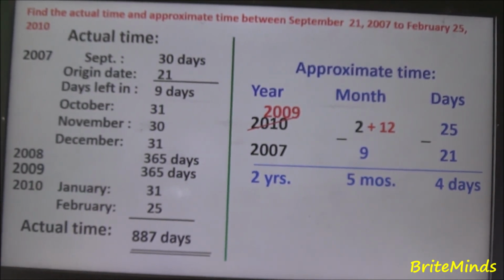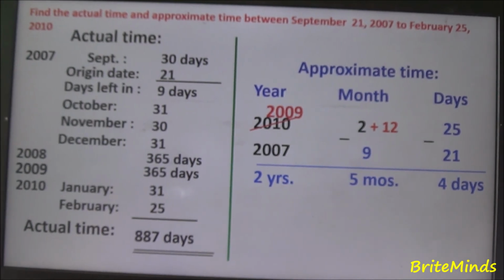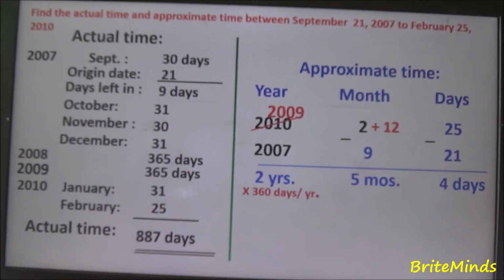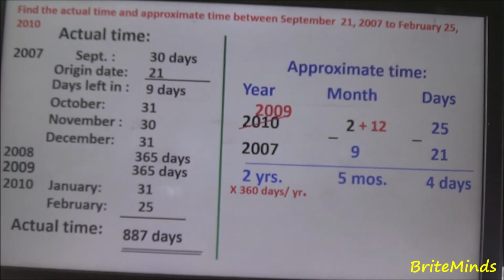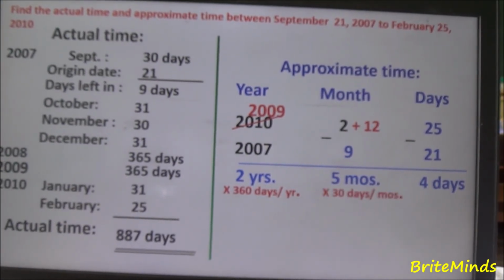And we need to convert these to days. So 2 years multiplied by 360 days, because this is approximate time. And then 5 months times 30 days.